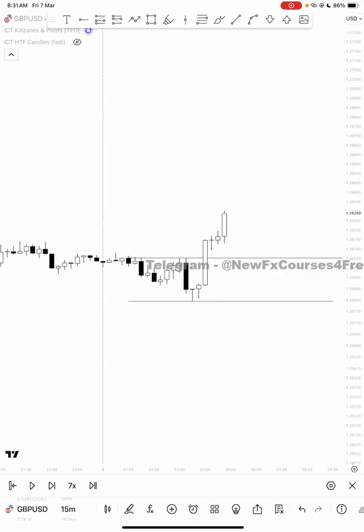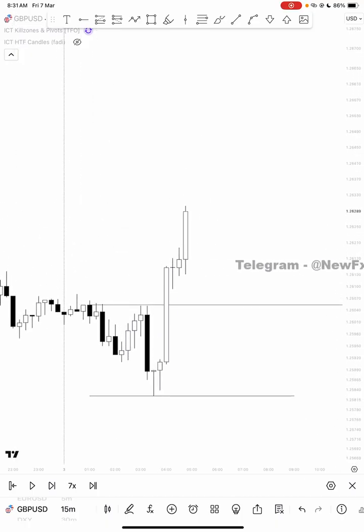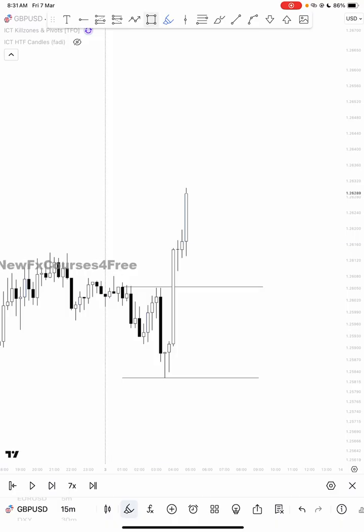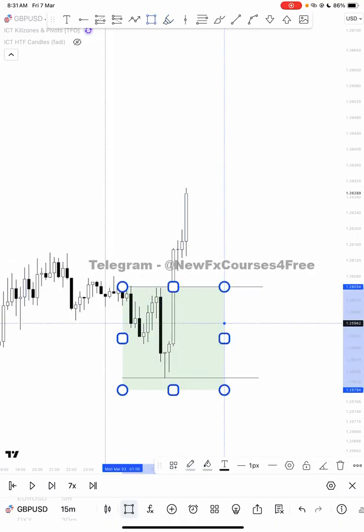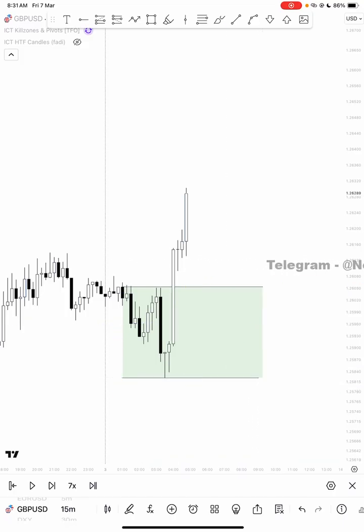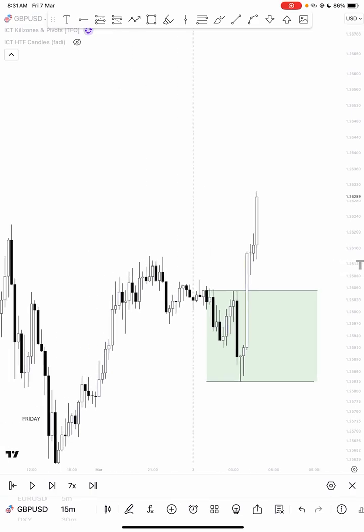So here you got your 4 hour open here, and we are within the buy zone actually of the 4 hour candle. Here is the buy zone of the 4 hour candle.